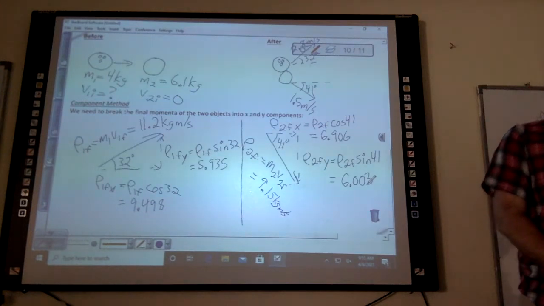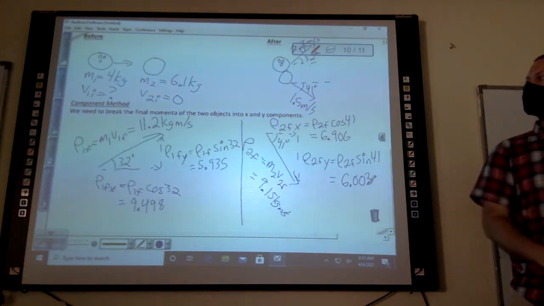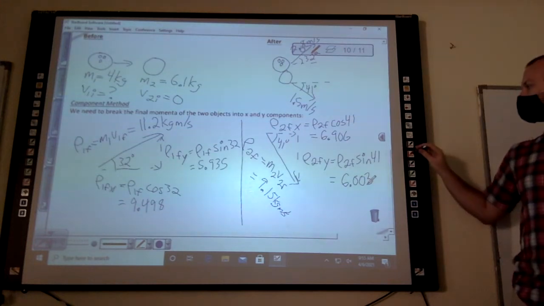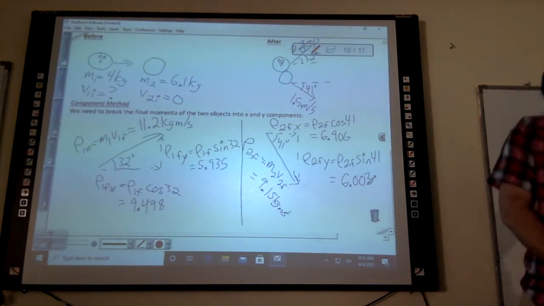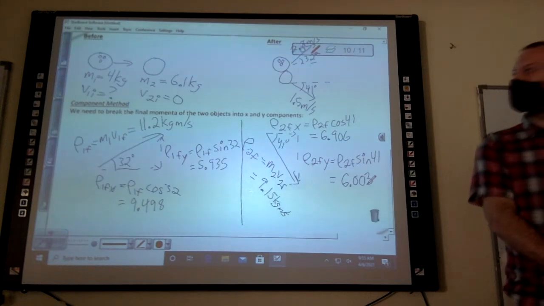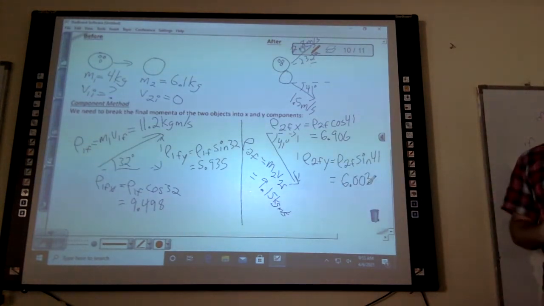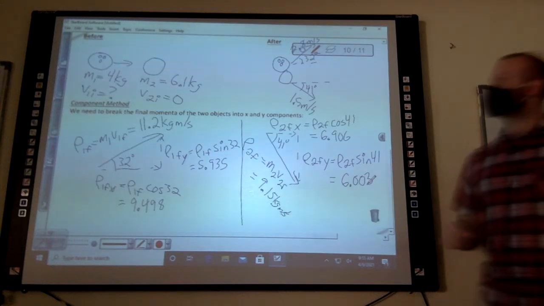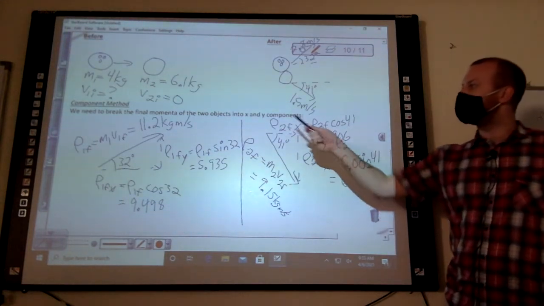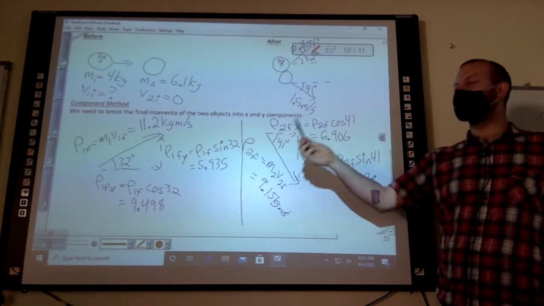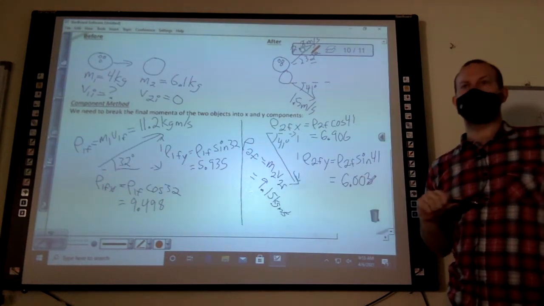In this, remember we're trying to figure out proper direction. With our initial or final momentum, whatever we're breaking up, the direction matters. So I need to make sure that if there's anything I need to put as negative, now's the time to do it.